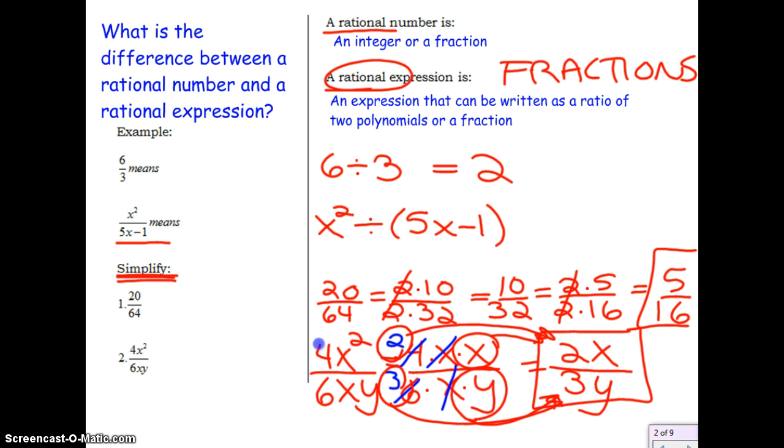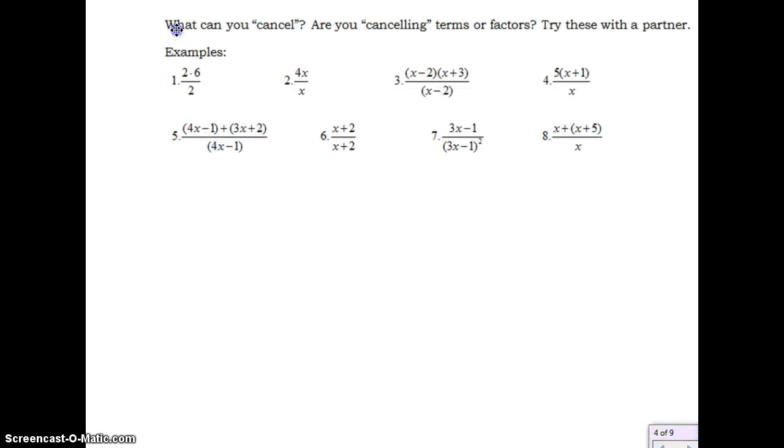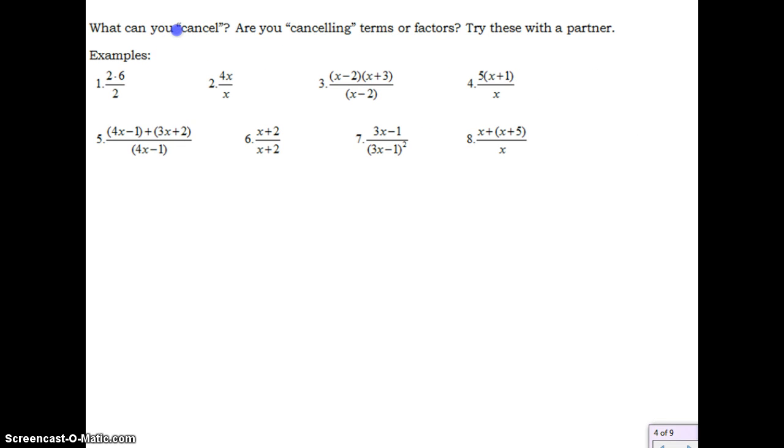Since we've been factoring, we can now do this with pretty much any expression that you're given, as long as you can factor it. So let's take a look at a couple more challenging problems. Starting easy and getting harder, all right? We know that we can cancel out common factors, but remember, factors have to multiply.